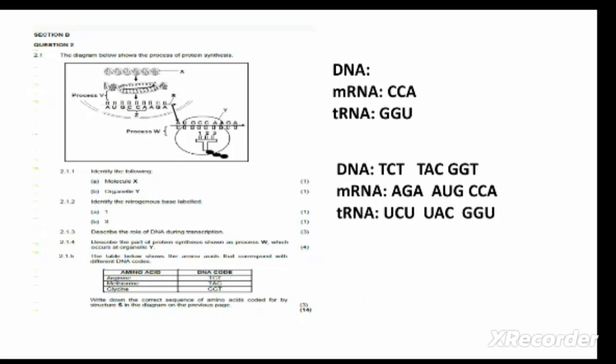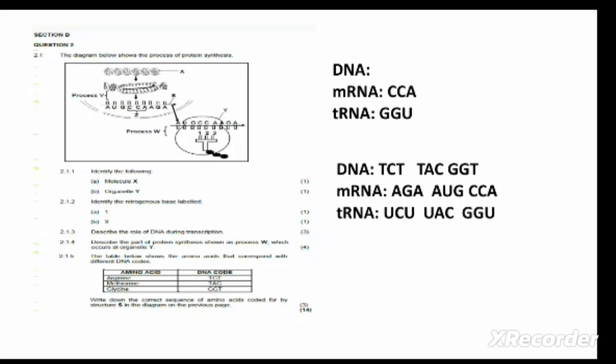Nitrogenous bases. So how do you find them? We have an mRNA there which has the nitrogenous bases AUCCAAGA, and you're lucky because they've written them for you there on the ribosome. As you can see, 1 pairs with C there, 2 pairs with C, and number 3 pairs with A. So you're moving from mRNA to tRNA.